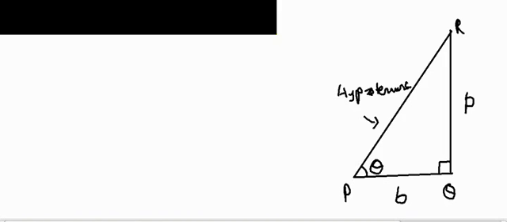Mind it, if we were talking about this other angle, then the side opposite to it, that is PQ, would have been our perpendicular or height. Since we are working with this angle, we are taking this as perpendicular, this as base, and this is hypotenuse.